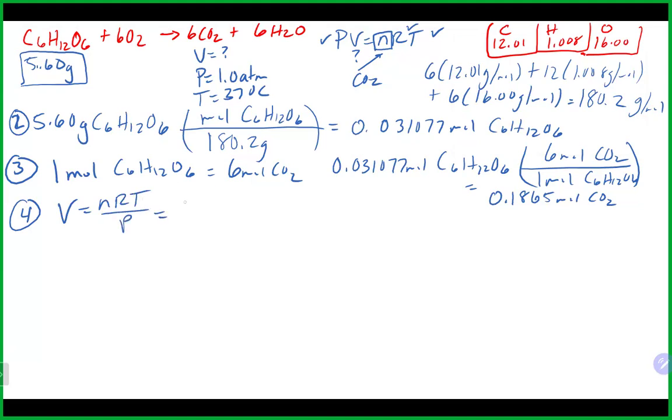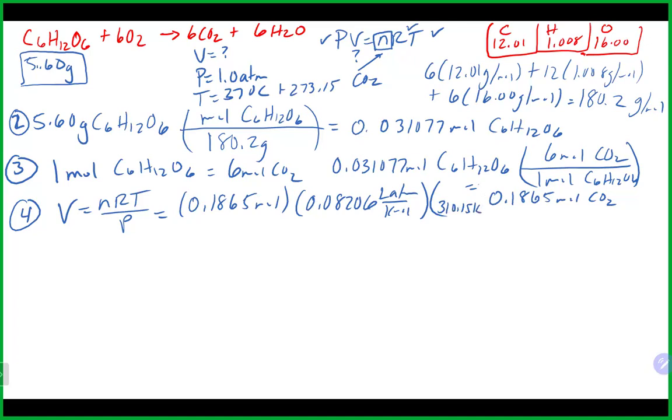All right. So n we just calculated, 0.1865. Our R is a constant, which we always have, 0.08206 liter atmosphere per Kelvin mole. Our temperature, we do need to convert, so it's 37 plus 273.15, which is 310.15 Kelvin.